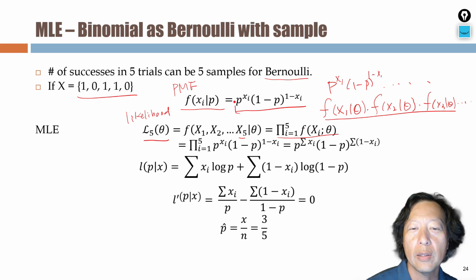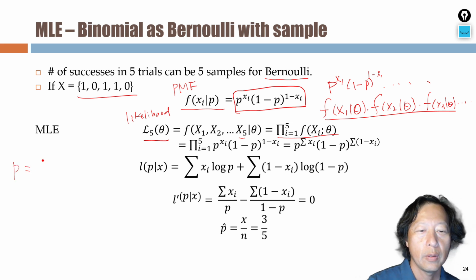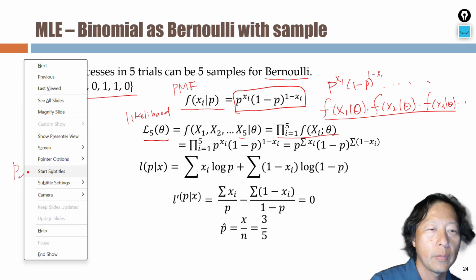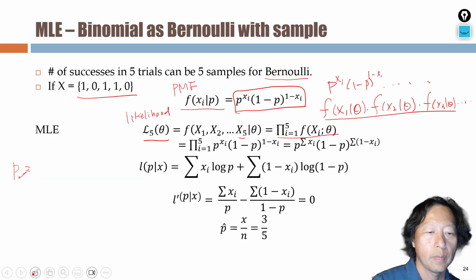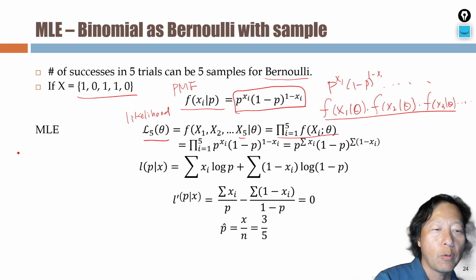Basically, why our probability looks like this is that our probability can be p or 1 minus p.